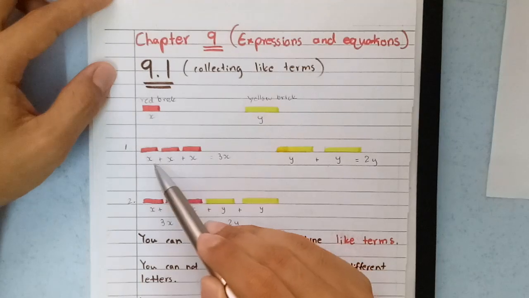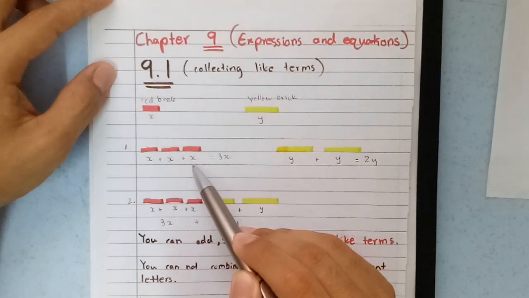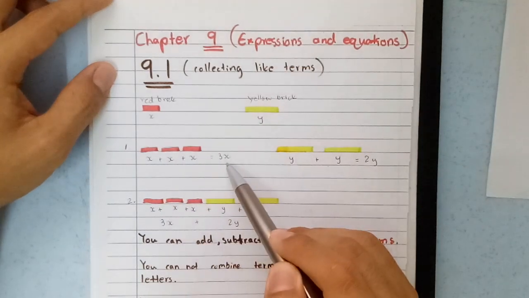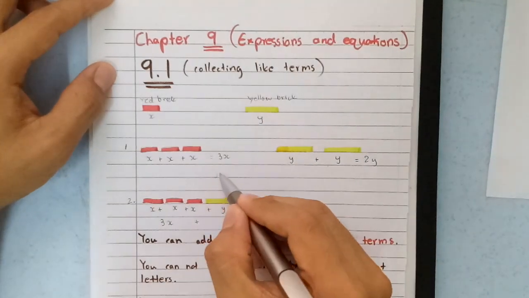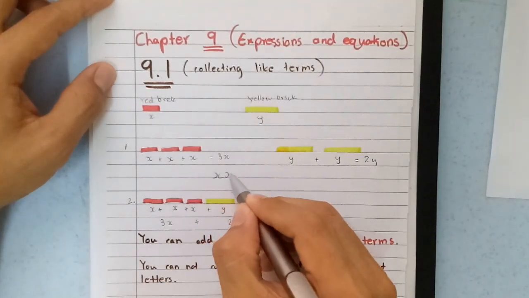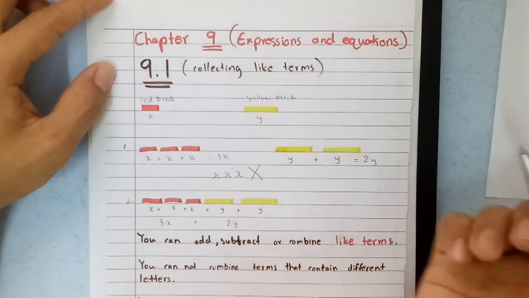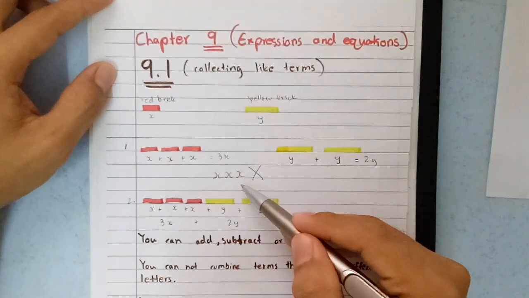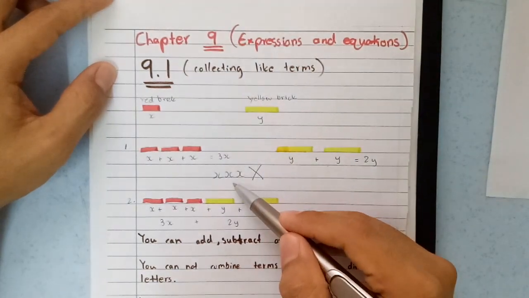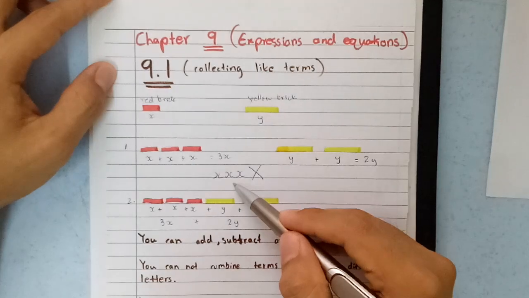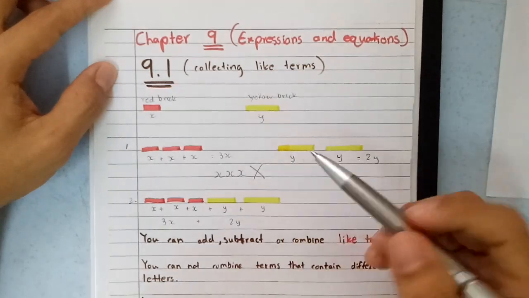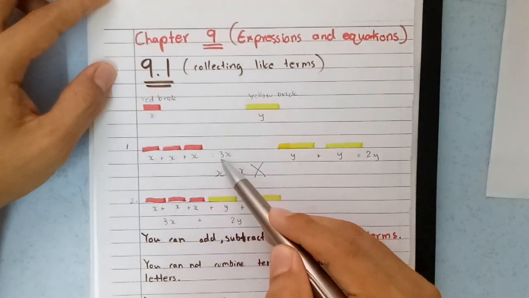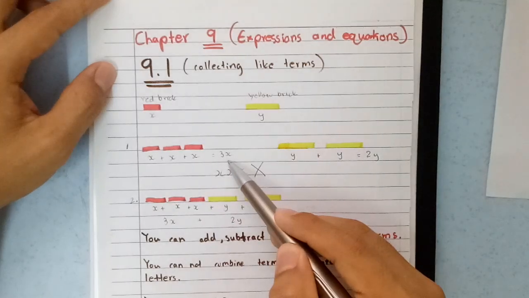When you add these 3 together, you will have 3X. It is not written like this. You do not write like this. When you add the unknown numbers, the letters, you will write it this way.